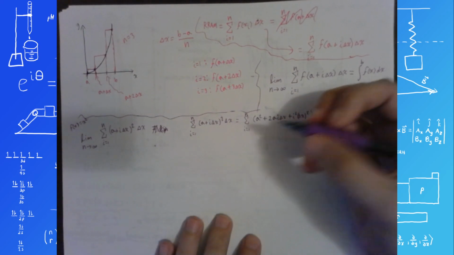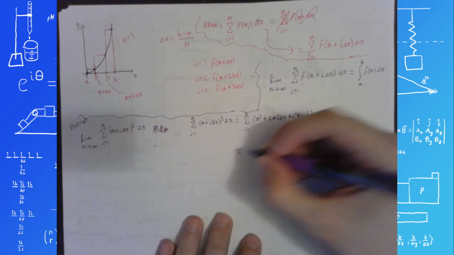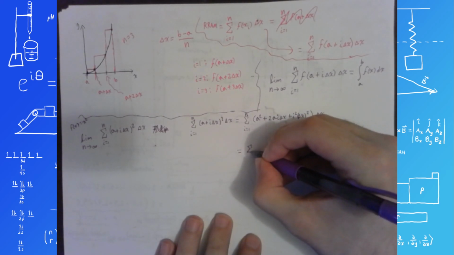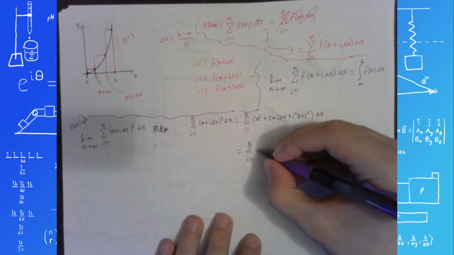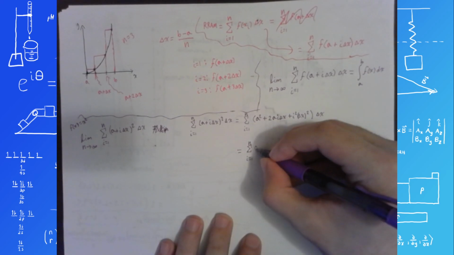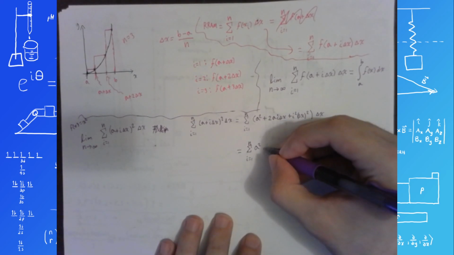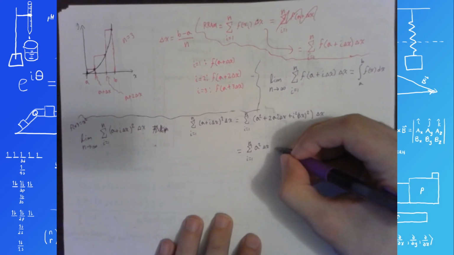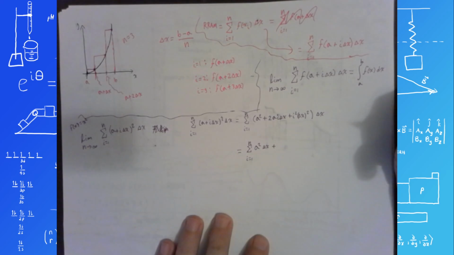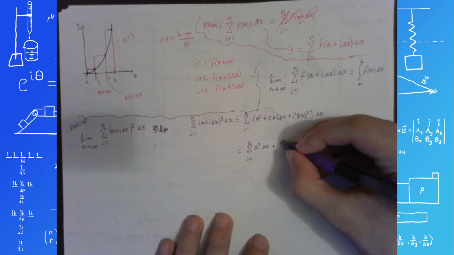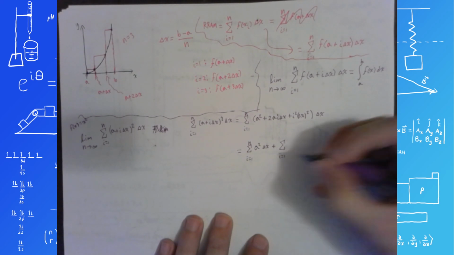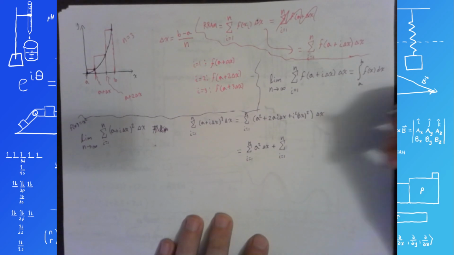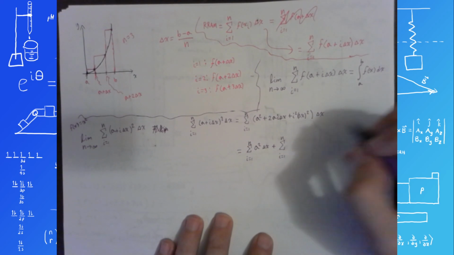So I can rewrite this as the sum from i equals 1 to n of a squared delta x, plus the sum from i equals 1 to n of, what would this be?